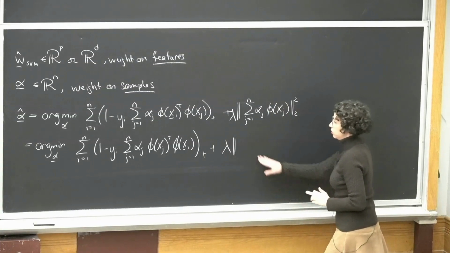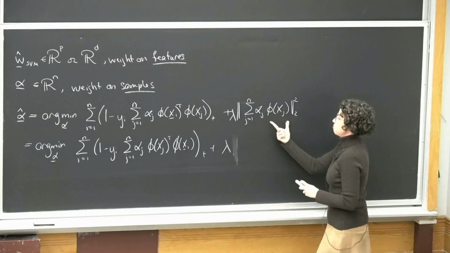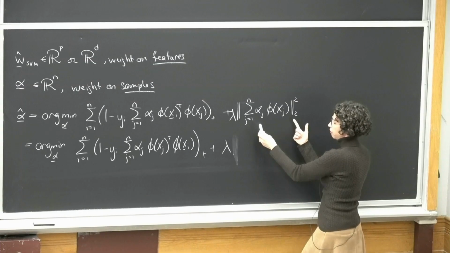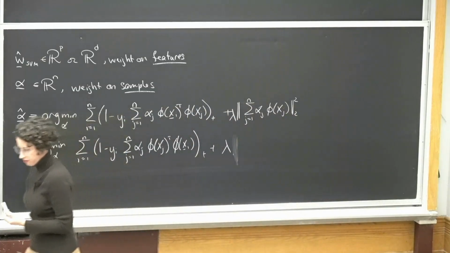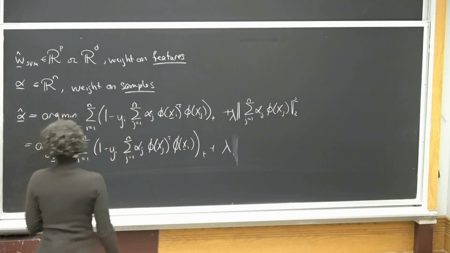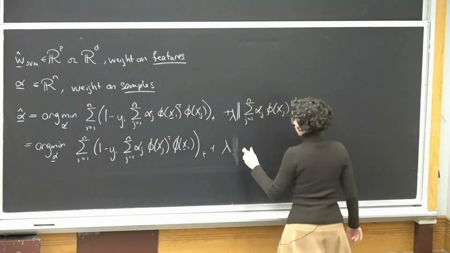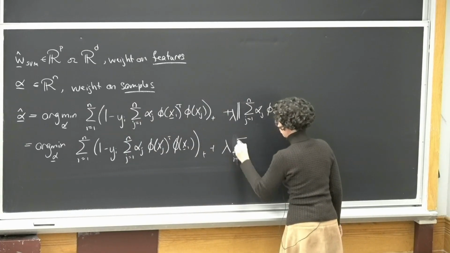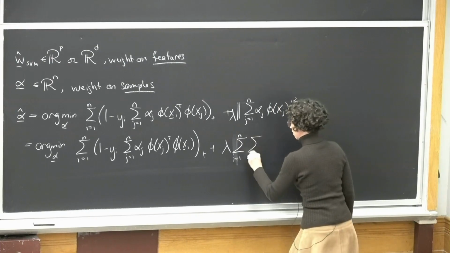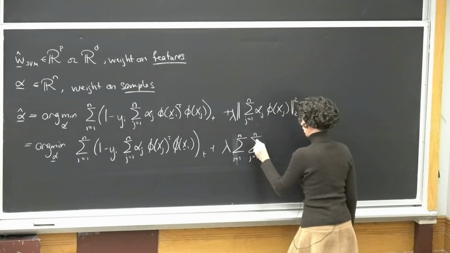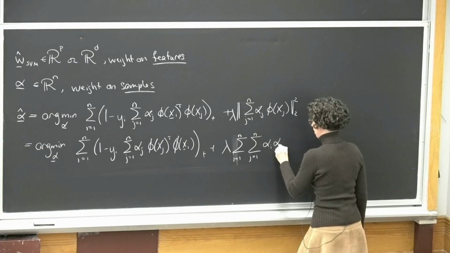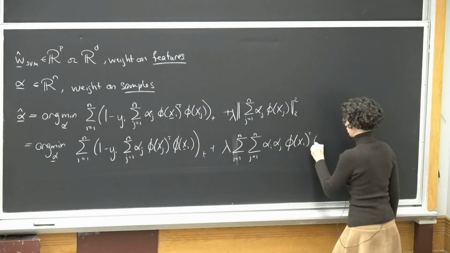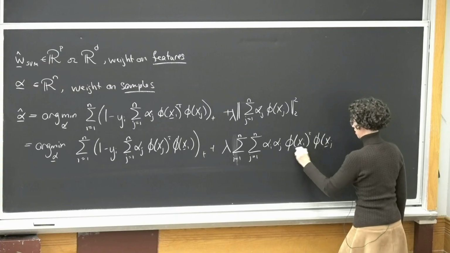And so now what I want to do is note that within here, I'm computing a bunch of different inner products. And so I can rewrite this 2 norm squared as the sum from i equals 1 to n, sum j equals 1 to n, alpha_i alpha_j times phi(x_i) transpose phi(x_j).